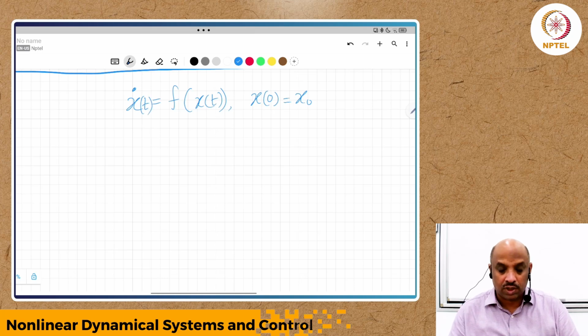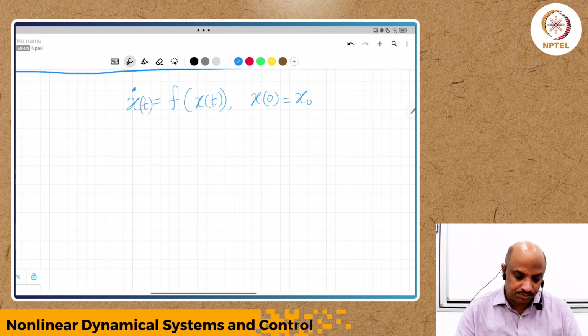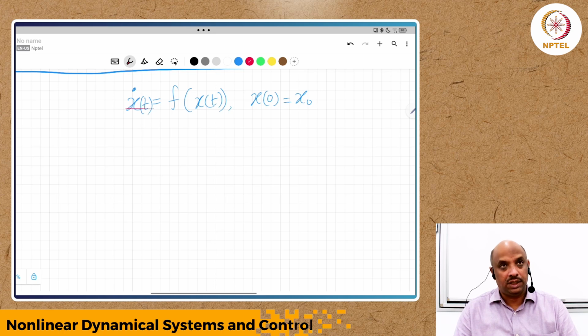So, what is the problem that we are trying to solve? We have this differential equation. Let's identify slowly each of these things. This x dot is a function, of course, which came from taking a derivative of x of t.